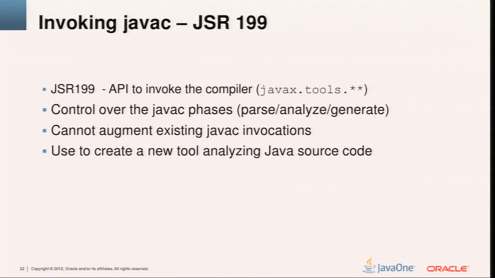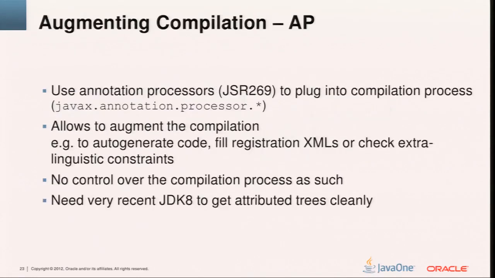But it only allows us to create a new tool to analyze source code or, if we need that, produce the class files. It doesn't allow us to plug ourselves into an existing call of javac.